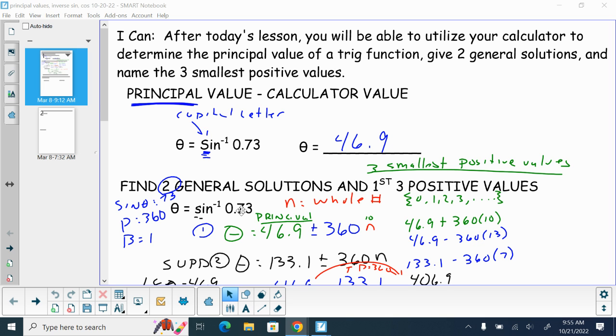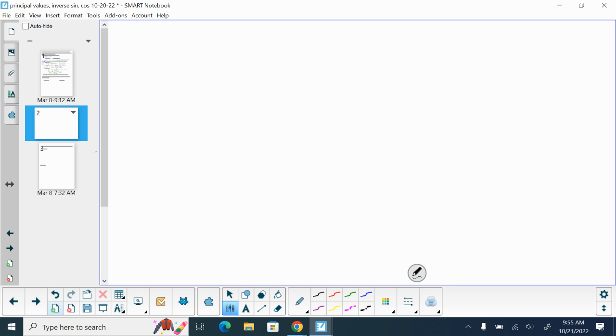All right, the key ideas that we picked up from the day before: when you're dealing with the inverse trig functions, you have the inverse sine. When you're dealing with the inverse sine, we have two general equations.